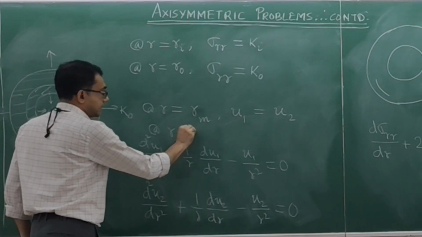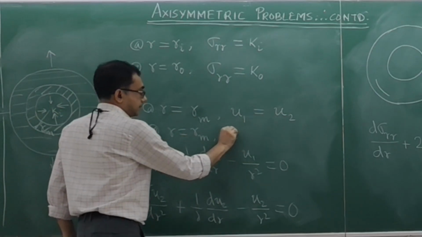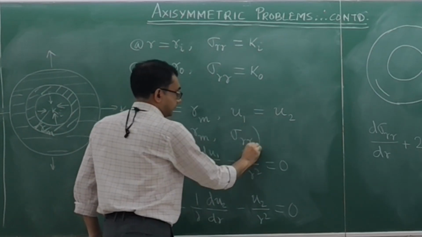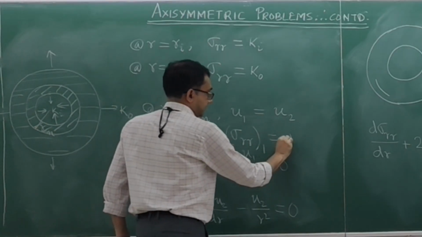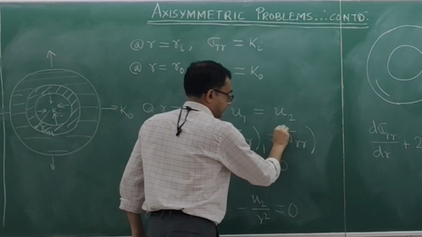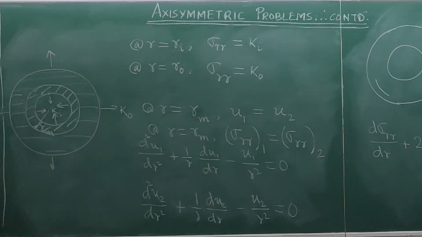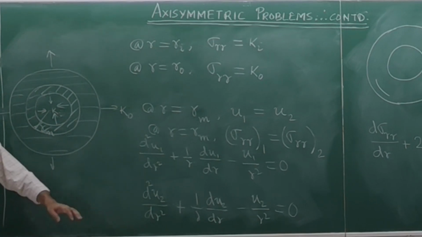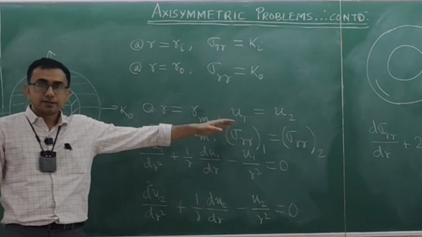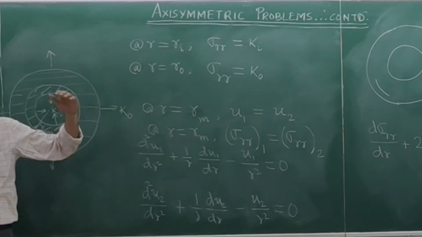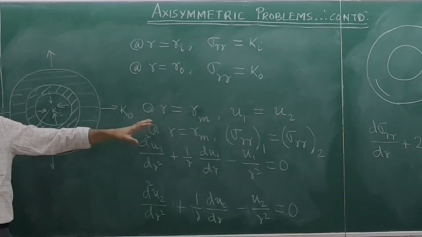The other condition is that the radial stress should be equal. Now, please don't think that I'm just pulling these things out of thin air. They actually have a formal basis behind them.